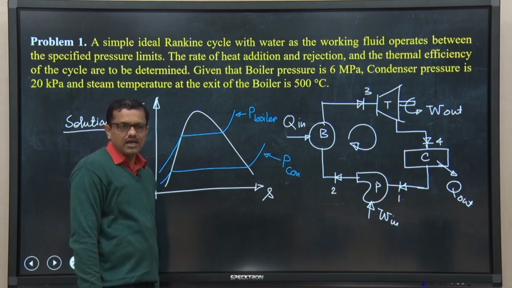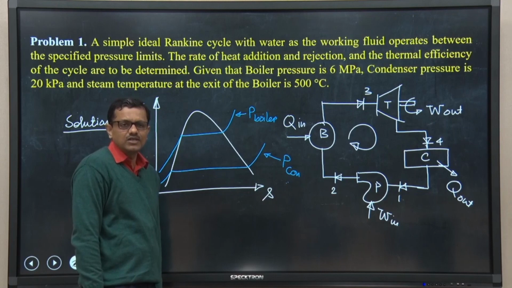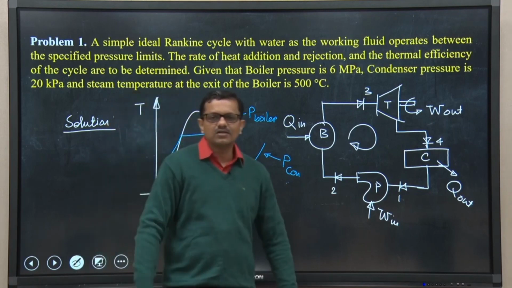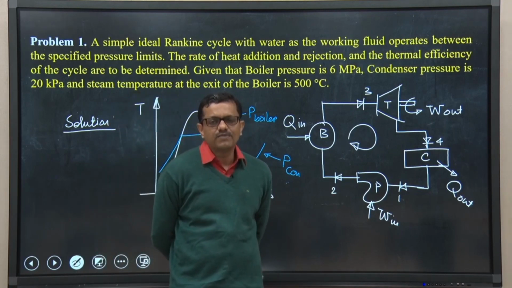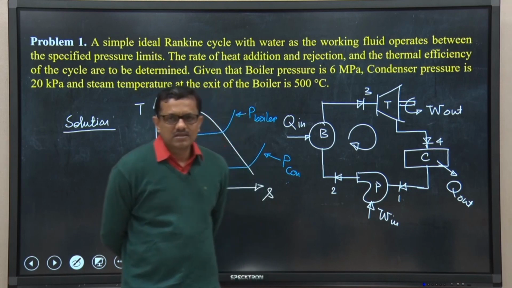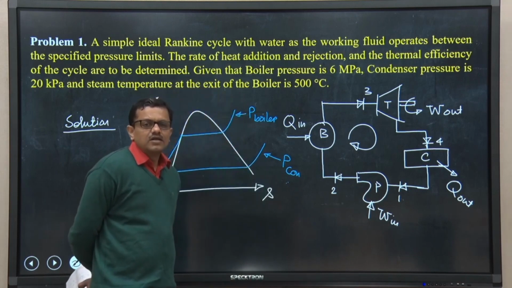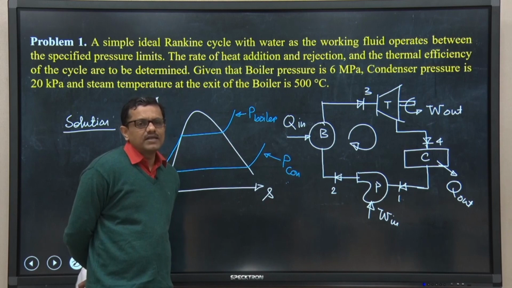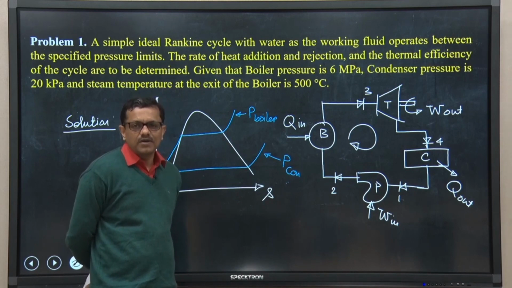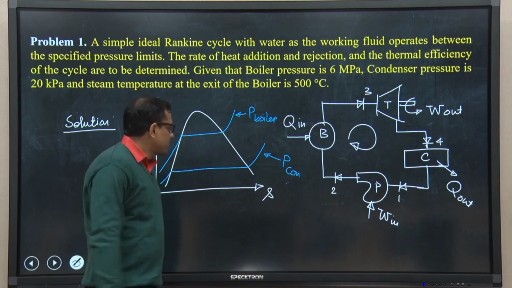So, a compressor is used, and while using a compressor with a two phase mixture, because of the higher specific volume of the steam, the power consumption by the compressor is a substantial part of the work output. So, that is why it is not a real cycle.